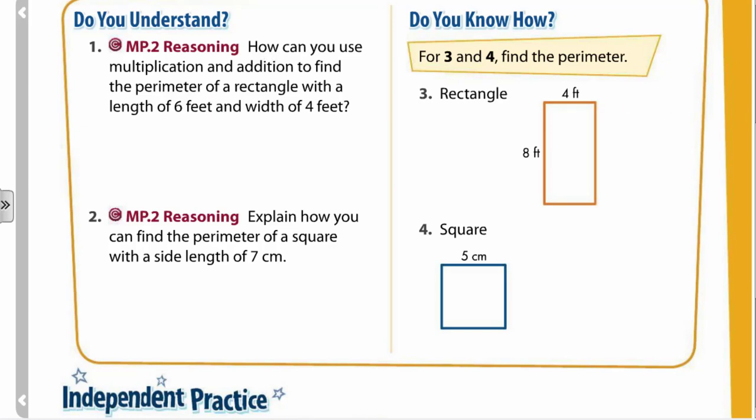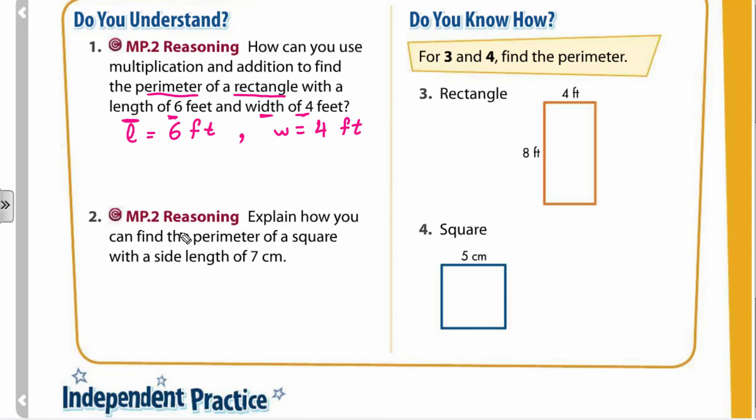How can you use multiplication and addition to find the perimeter of a rectangle with a length of 6 feet and width of 4 feet? So, here we have length equals 6 feet. And the width is equal to 4 feet.